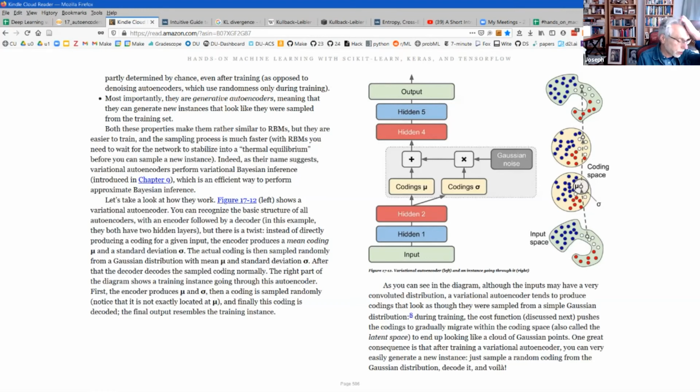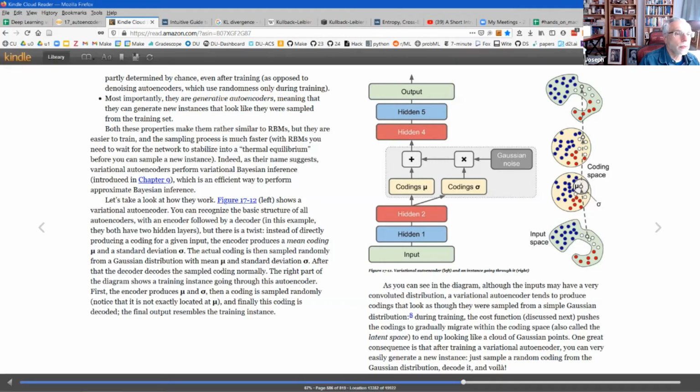That's the difference from the autoencoders we've seen up until now. In fact, this is the first time we see a generative model. The next one we'll see in this chapter is the generative adversarial network. Both of them basically learn the data distribution and then can pull new samples from it.